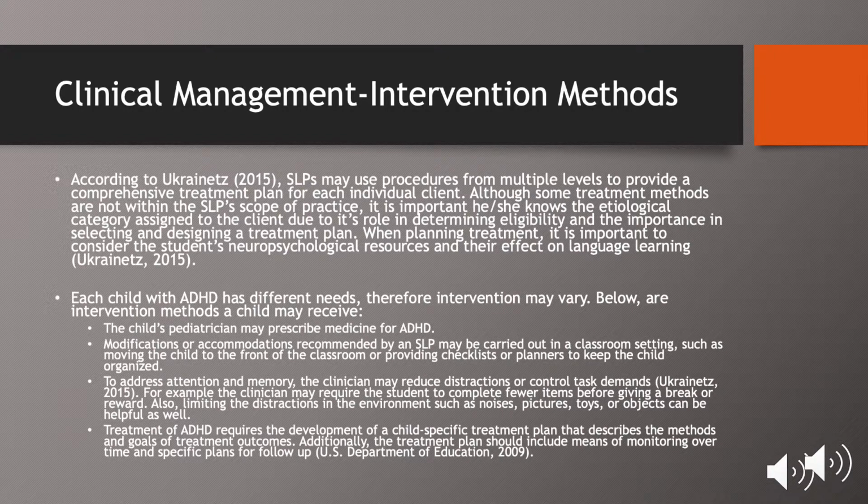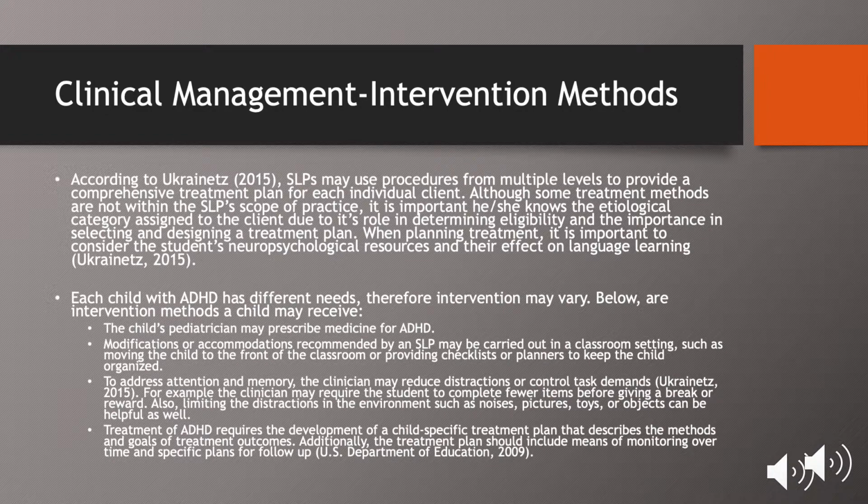Other modifications or accommodations recommended by an SLP may be carried out in a classroom setting. This could include moving the child to the front of the classroom or providing checklists or planners to keep the child organized.